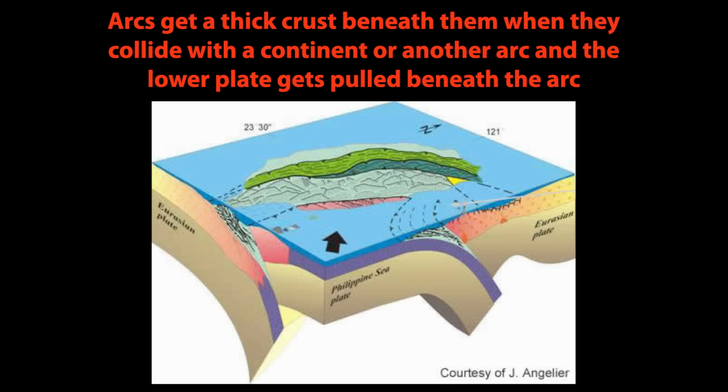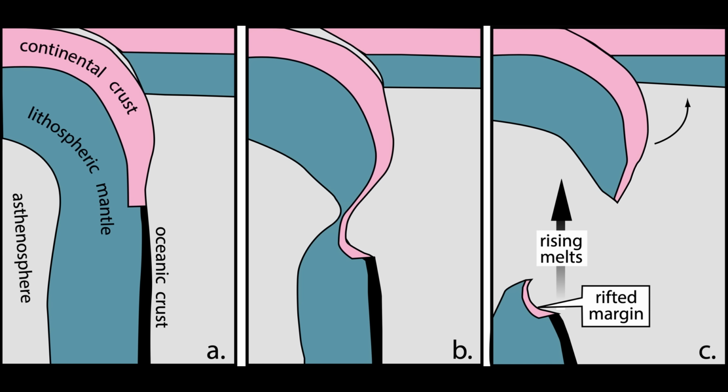depending, of course, exactly on a number of factors, such as the strength of the plates, the strength of the joins, and so forth. And the lower plate tears away, and you get melts formed as that lower plate gets heated up and melts.